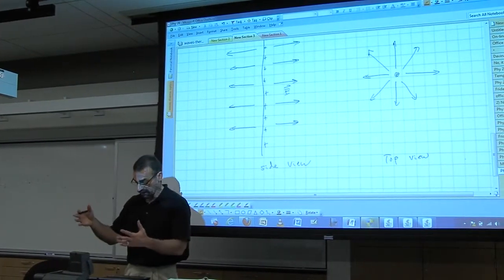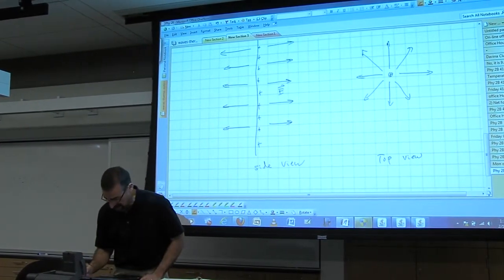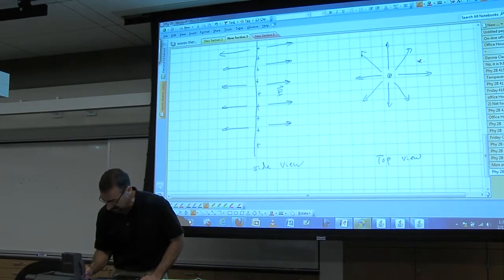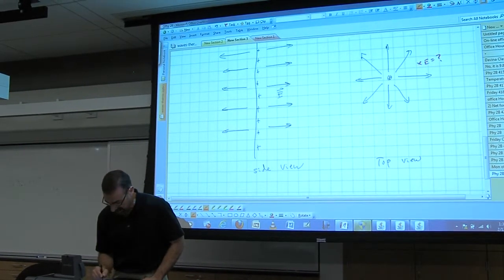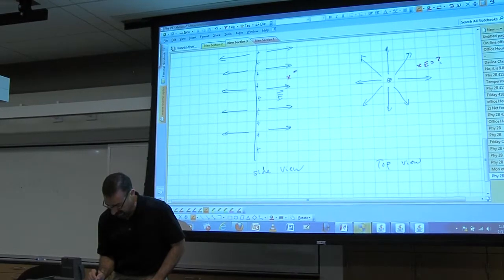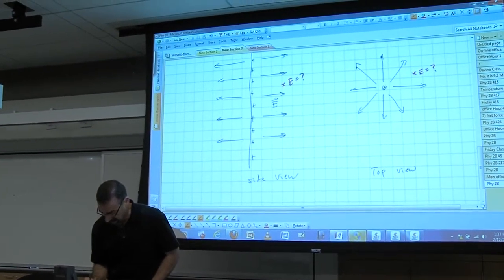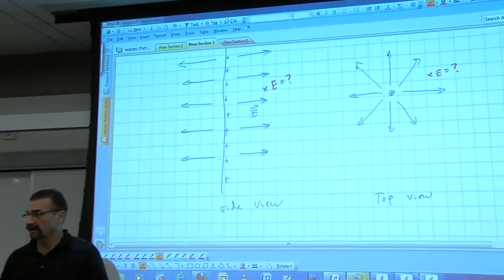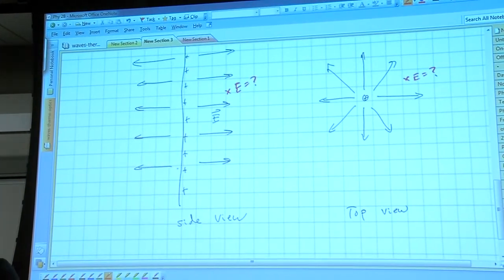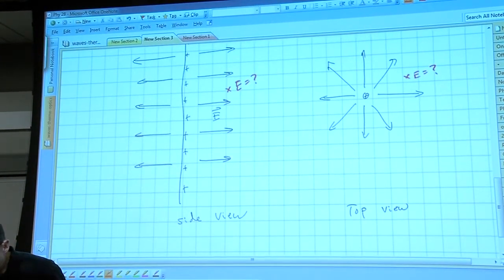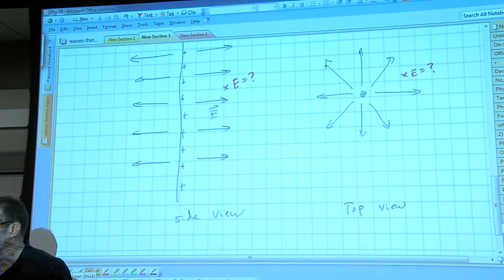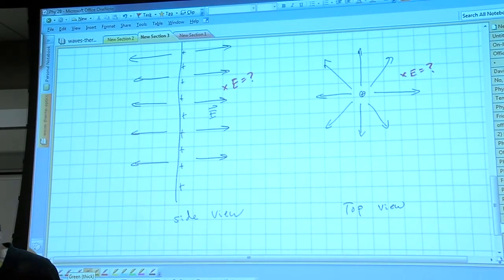So I guess the question is, what's the electric field out here? Right, at the red X, what's the electric field there due to that charge distribution? So what do we do? We draw our Gaussian surface with one of our surfaces at that location.